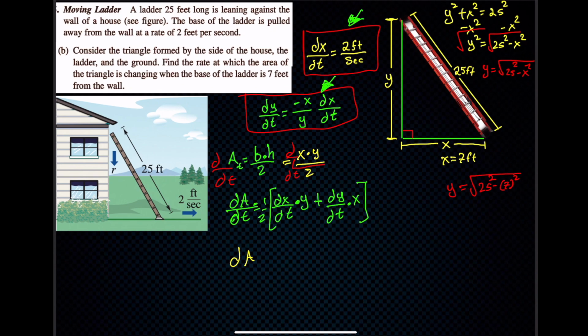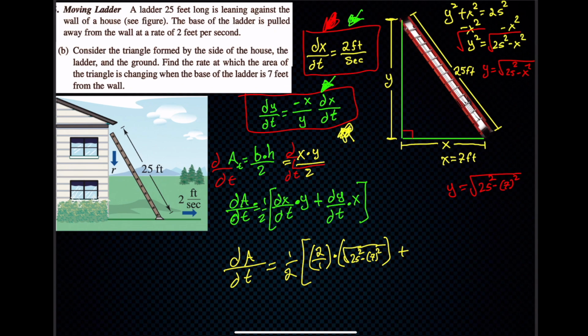So dA/dt is equal to 1/2. We have brackets. dx/dt, we know it's 2 feet per second, which is up here, as I'm illustrating there. So 2 feet. And then times the y value. The y value we already know is simply the square root of 25 squared minus 7 squared. And we have a plus sign there, dy/dt. It's also here, as I'm pointing out.